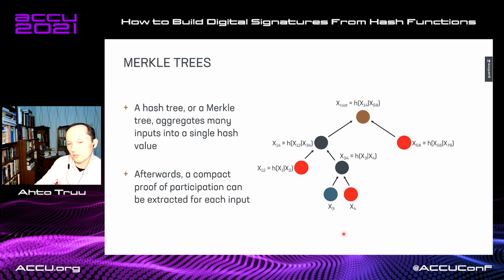I can start from x3 and go here and go here. So I can redo a slice of the computation of the tree. And if all of the steps are done using a collision-resistant one-way hash function, and the end result comes up the same as the original value of the root of the tree, this is actually very strong proof that x3 was the original value of the leaf in this tree.